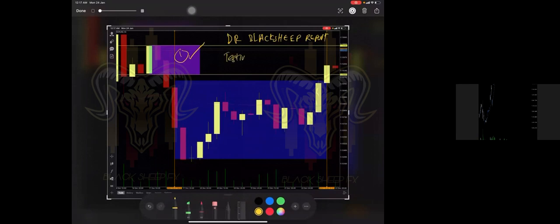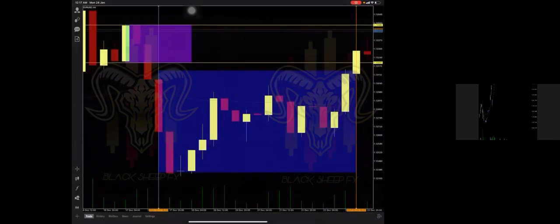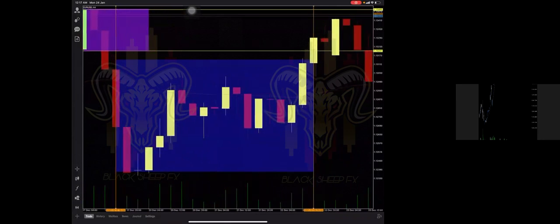Testing of experiment. Done. So now, as the scientist, I need to wait. For what? Wait for the occurrence of engulfing sell number 2.